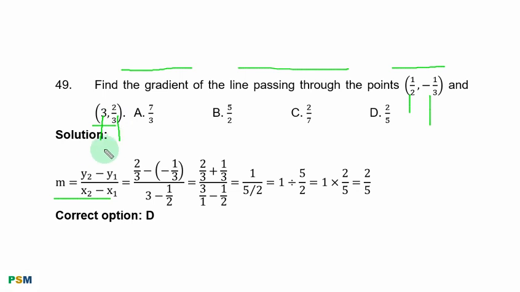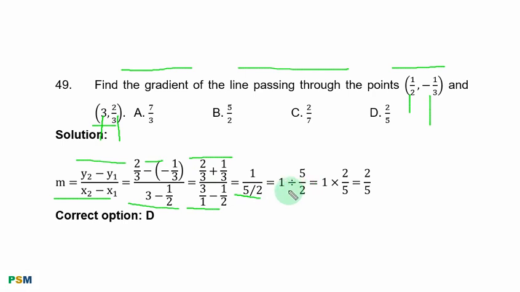You replace them in the formula, you have these results. When you open this bracket, you have this result. You can write 3 as 3 over 1 for you to have a balanced fraction. If you simplify the numerator and denominator, you have this result, which implies 1 divided by 5 over 2.